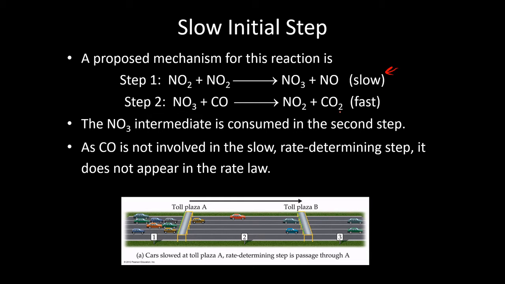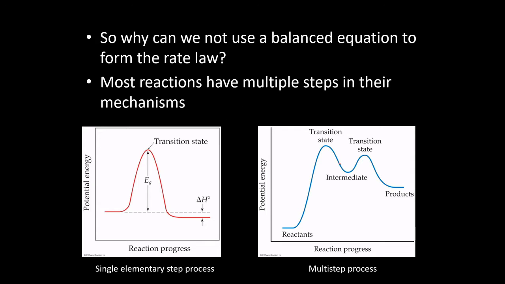So in this particular reaction, we have an intermediate. If you remember our intermediates from back here, this is a molecule that is created and consumed within the reaction itself. So because it's both created and consumed, it never actually, in a sense, leaves the reaction.